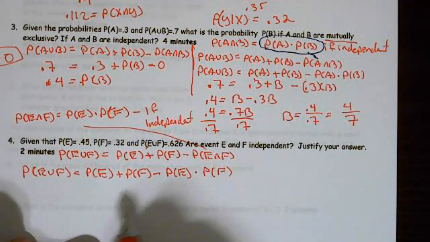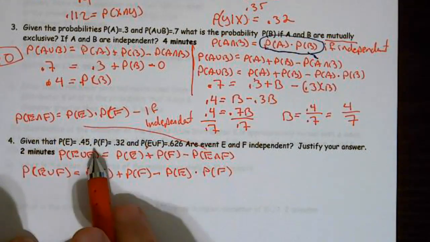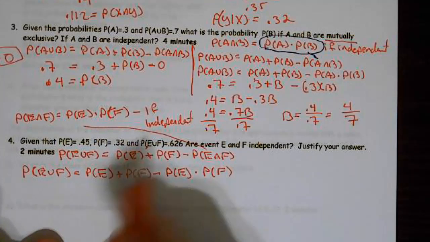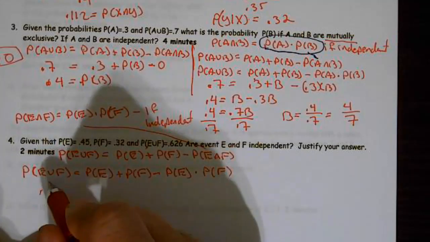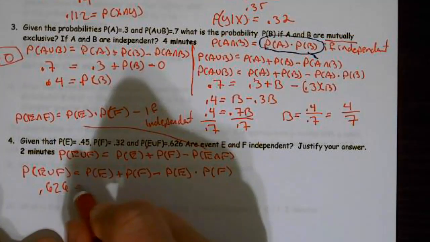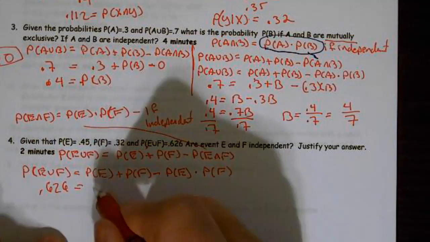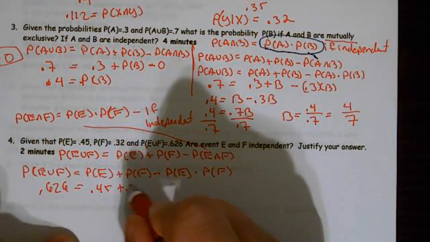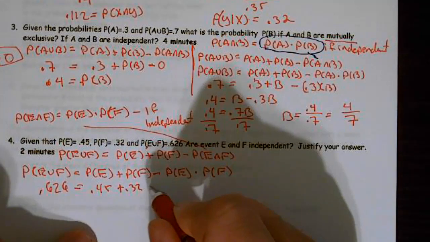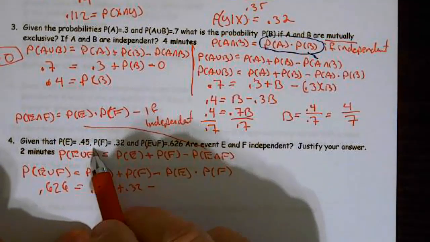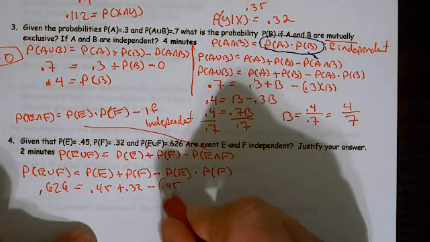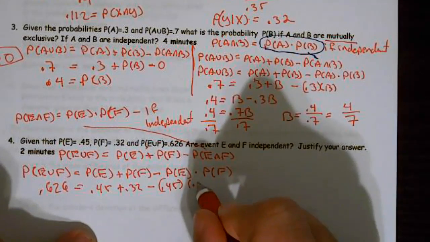All right. So when I plug in, I end up getting 0.626 equals the probability of E, which is 0.45, plus 0.32 minus, and now I'm plugging in 0.45 times 0.32.